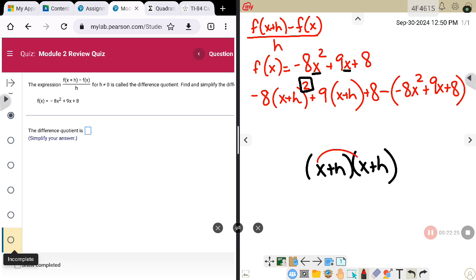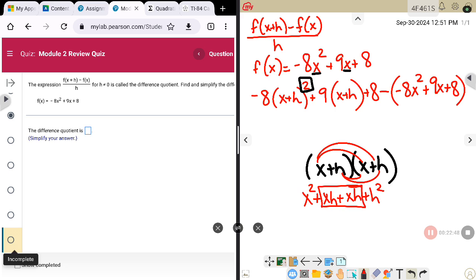x times x gives me x squared. Plus x times h gives me xh. My inside is actually another xh, and then my last is plus h squared. So what I'm going to do next is put my xh's together.